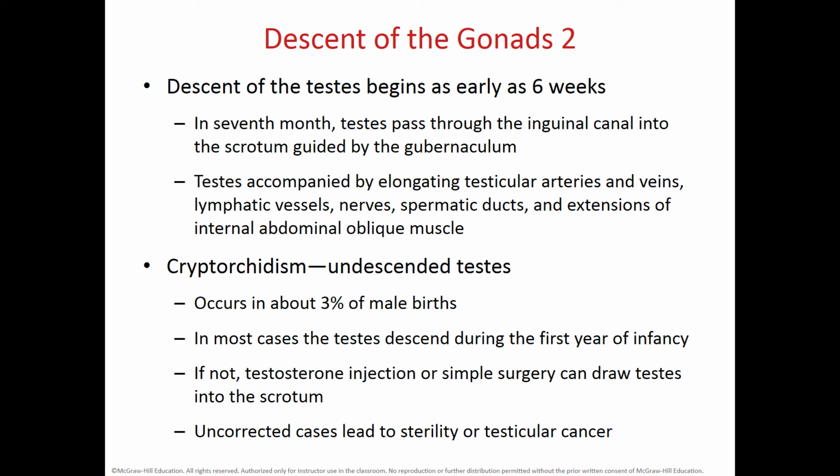If not, you perform surgery. Why is that? Because spermatogenesis, the production of sperm cells, has to happen at a lower temperature, about 1 degree Celsius less than normal body temperature, which is around 37 degrees Celsius.